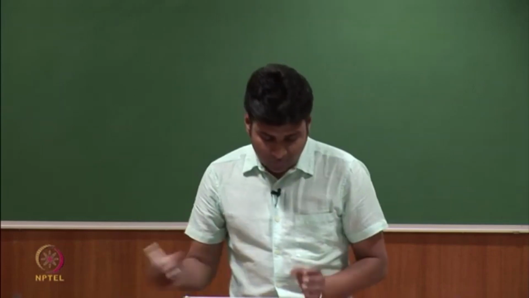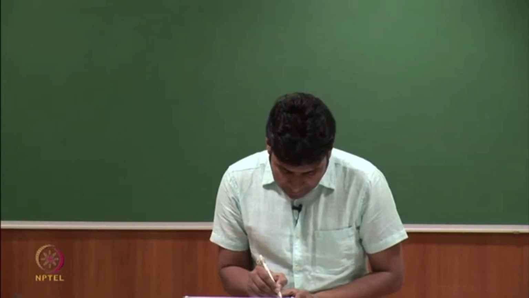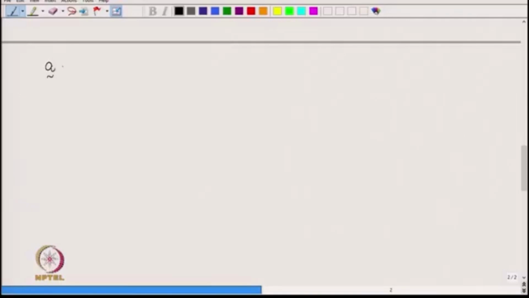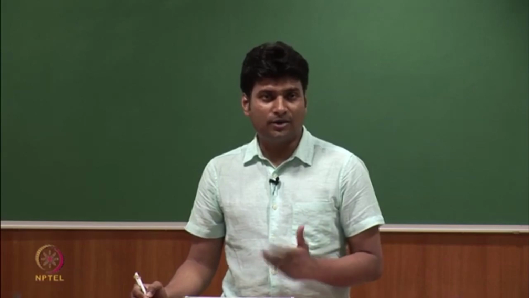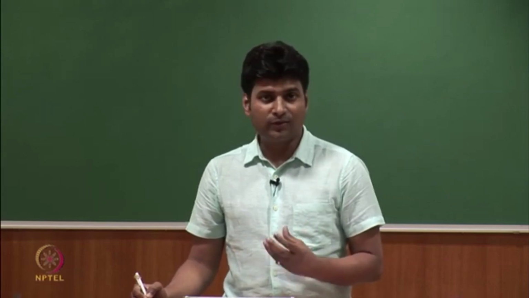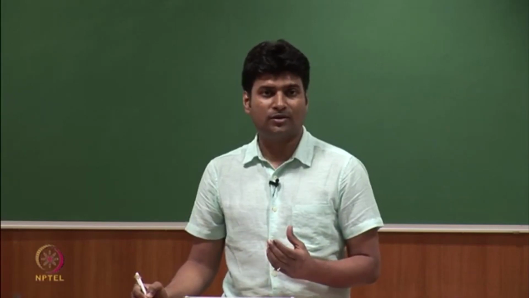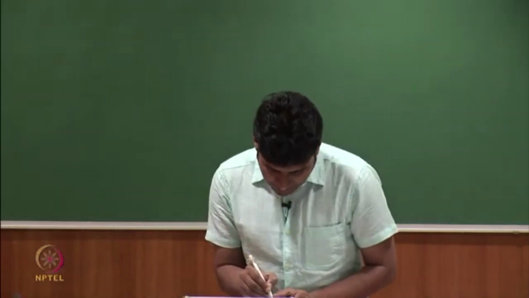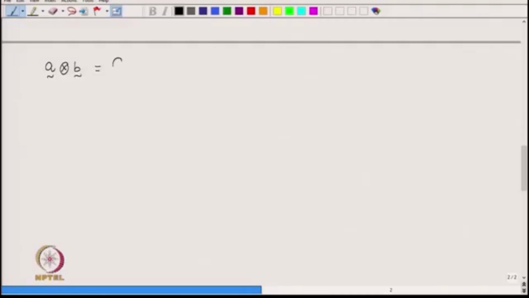There is another operation which is called the tensor product, A tensor product B. The tensor product is denoted by this cross symbol with a circle. This gives you what is called a second order tensor. This is the first time we are learning about tensors. So, it is second order.